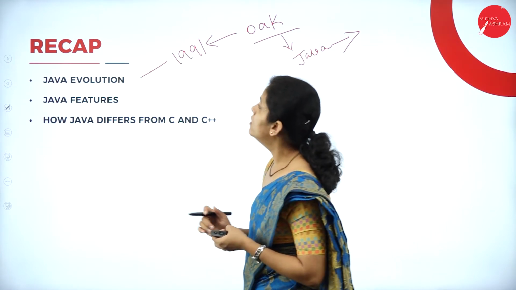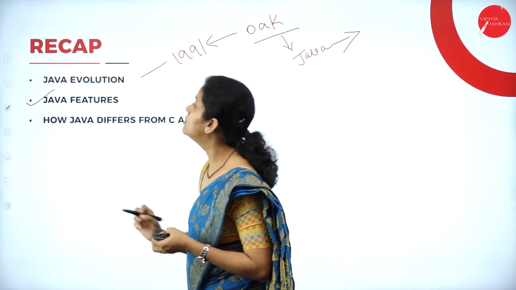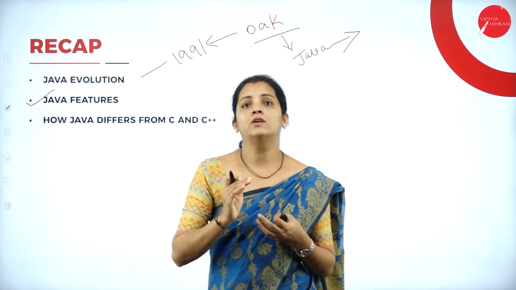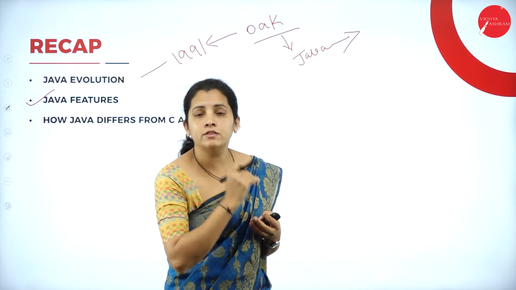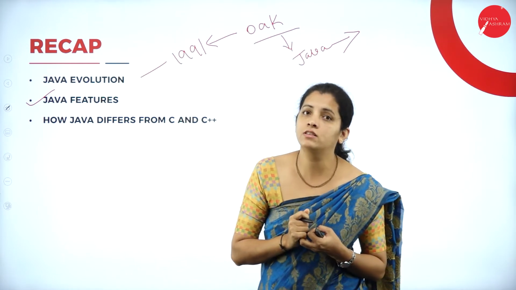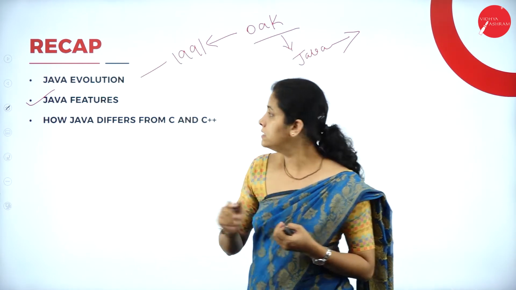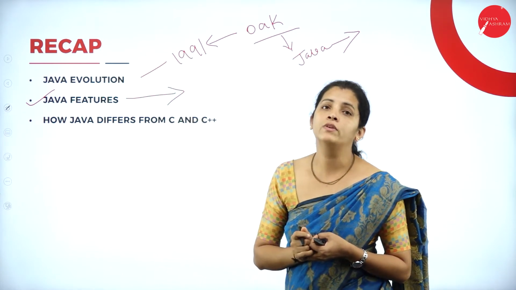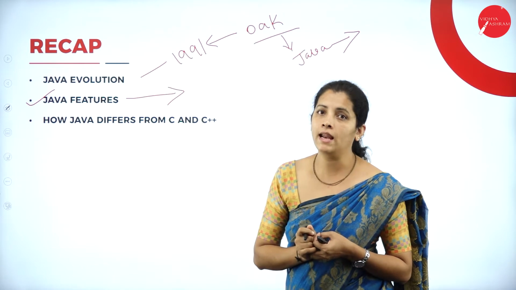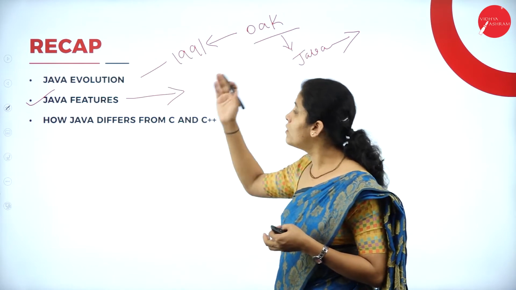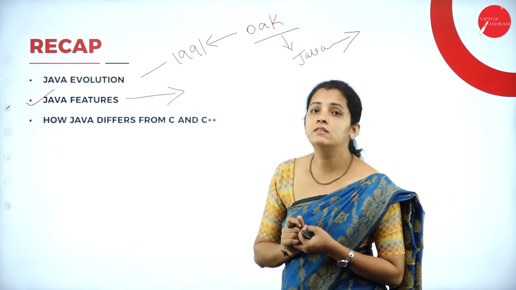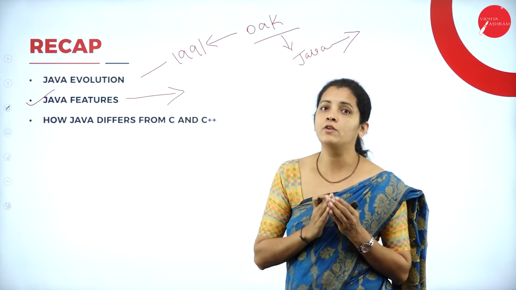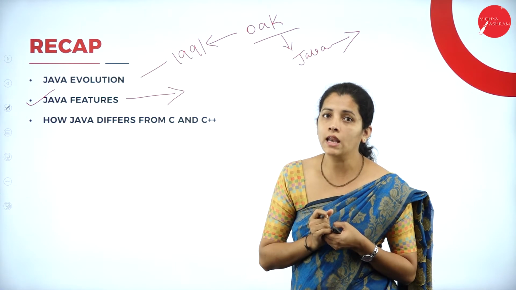Moving further, we had learned what is Java feature and what are the different kinds of Java features we are going to have. That is nothing but the characteristics of the Java programming language, and because of these features Java always differs from other programming languages.